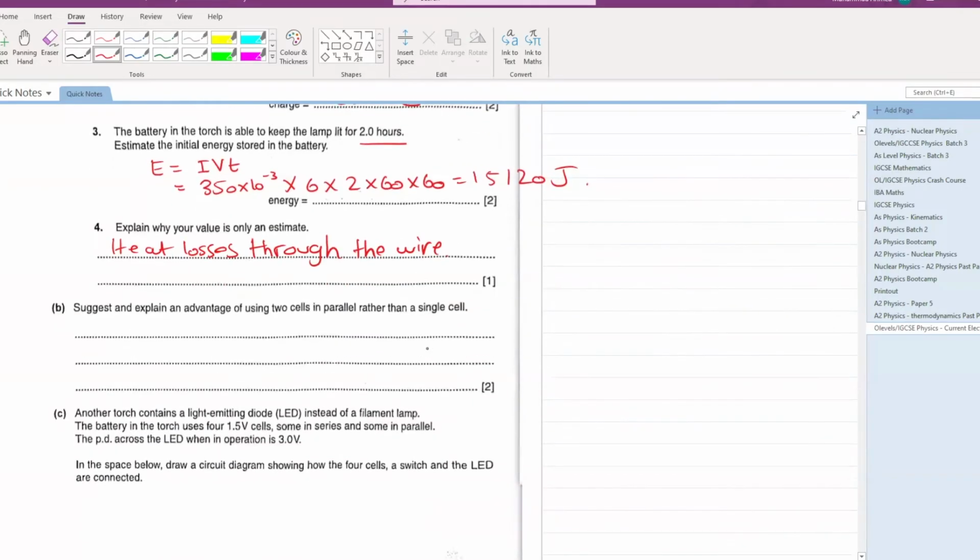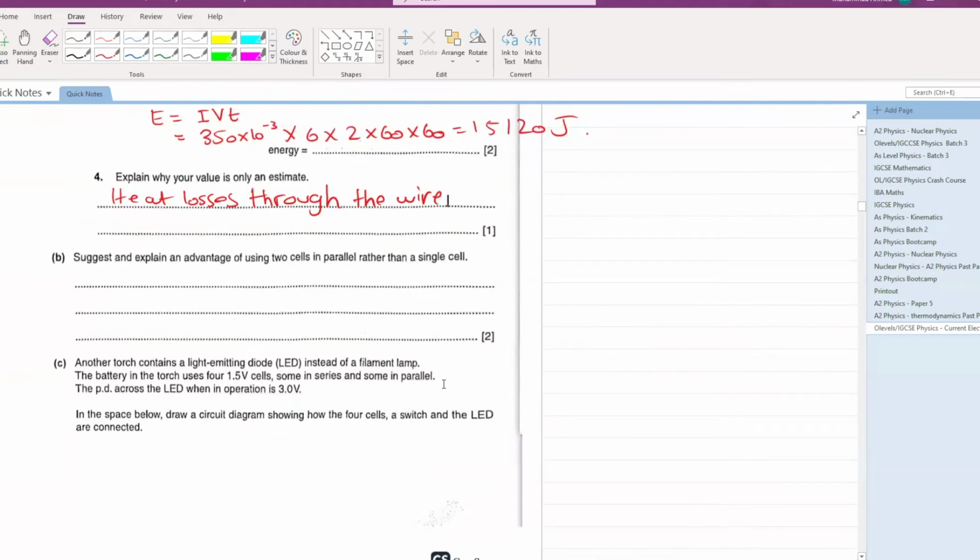Suggest and explain an advantage of using two cells in parallel rather than a single cell. The two cells in parallel last longer than a single cell in series.